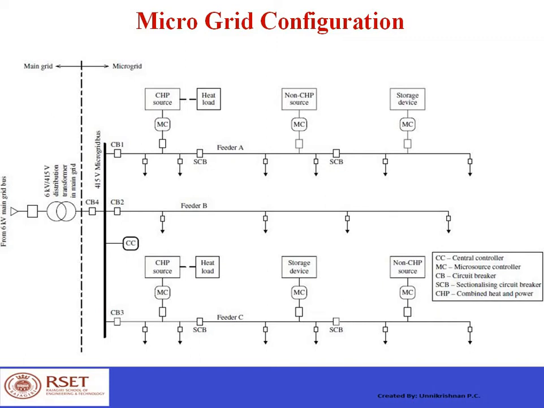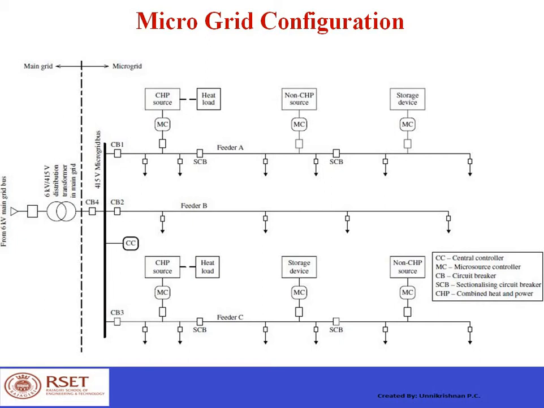And in feeder C also you will see a circuit breaker, CB3. Using these circuit breakers, that particular feeder can be connected or disconnected. The dark thick line is the microgrid bus, which is mentioned here as the 415 volt microgrid bus.